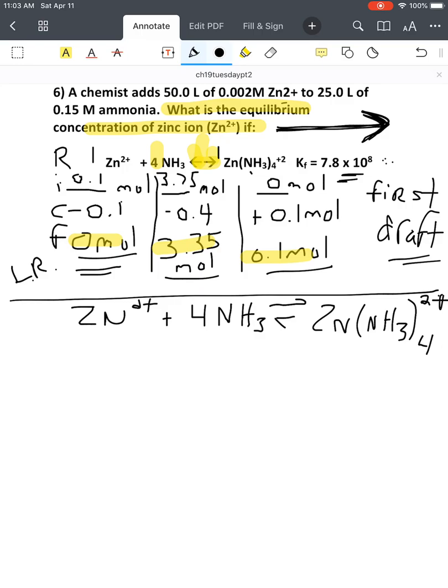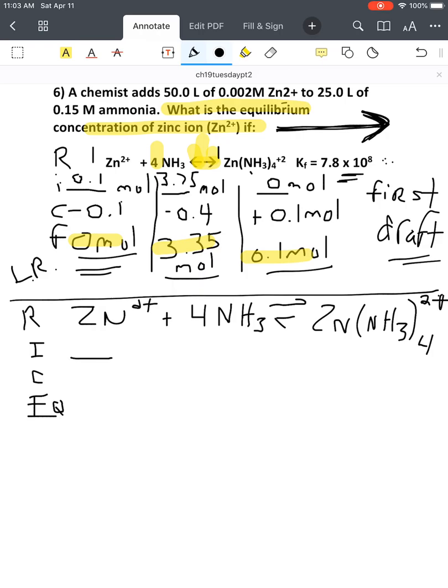Okay, so I start with that, and I'm actually going to build a Rice table here. So I'm switching back to E instead of F, where the E stands for, of course, the true equilibrium amounts.